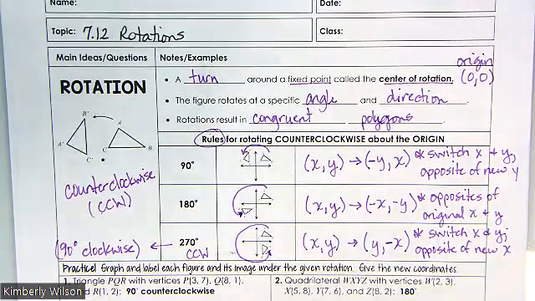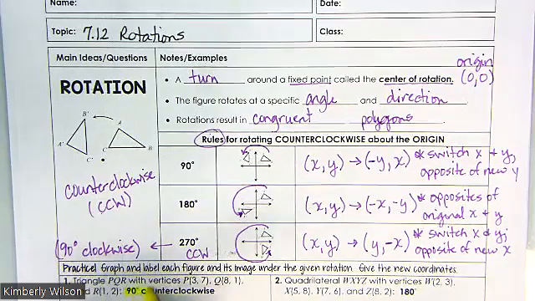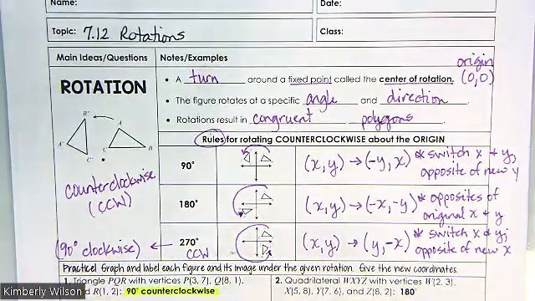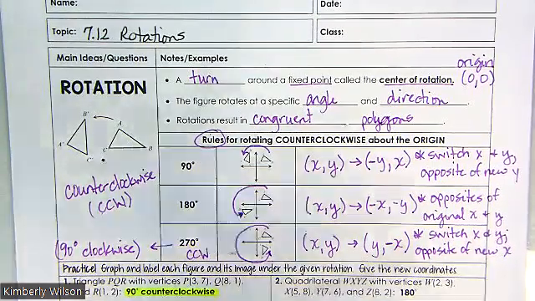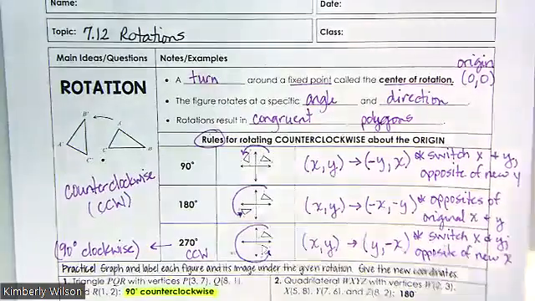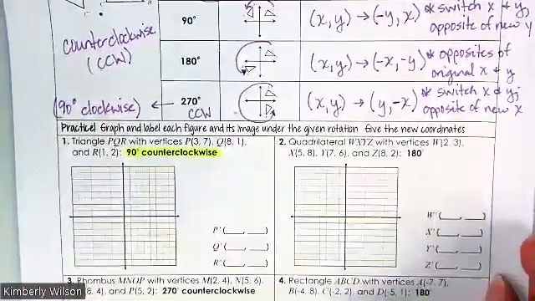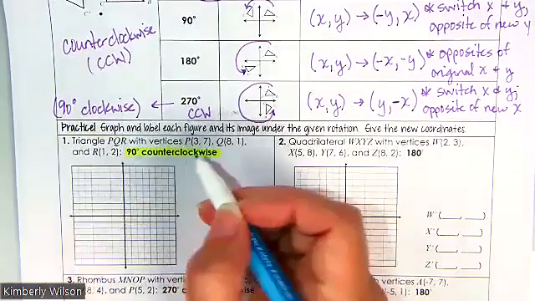All right. Let's put this into action now. Number one. First, we've got to draw the figure, and our rule is 90 degrees counterclockwise. Well, the first thing we've got to do is plot our figure first. So we're plotting.